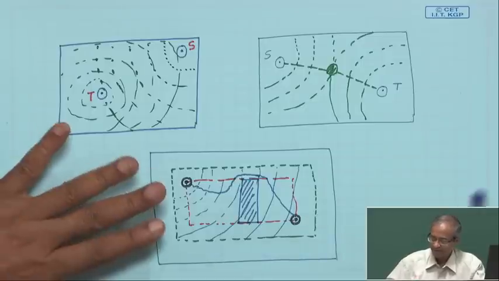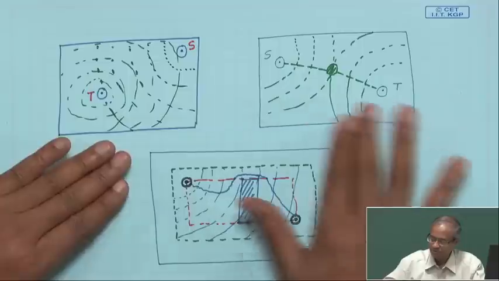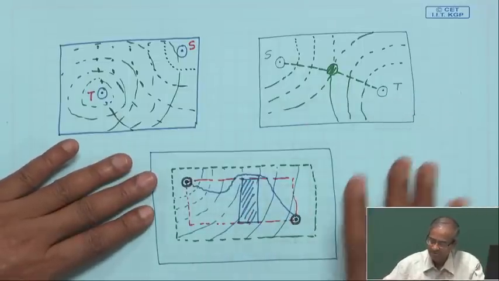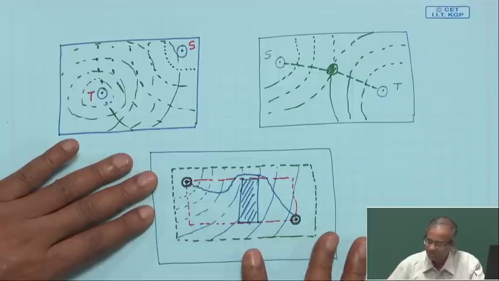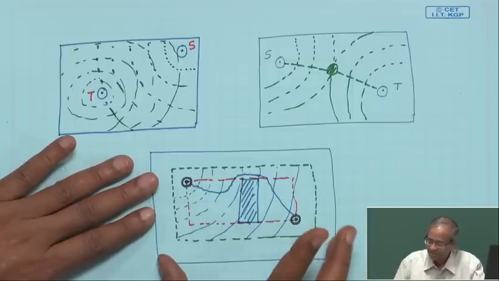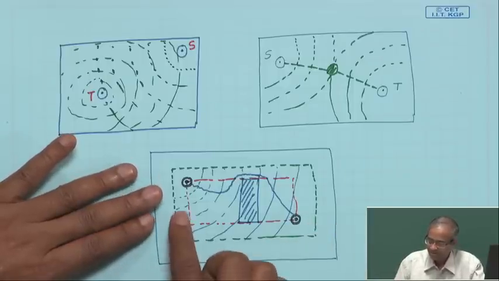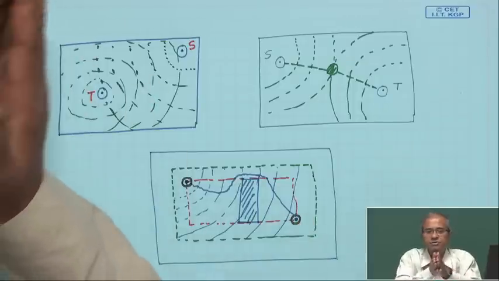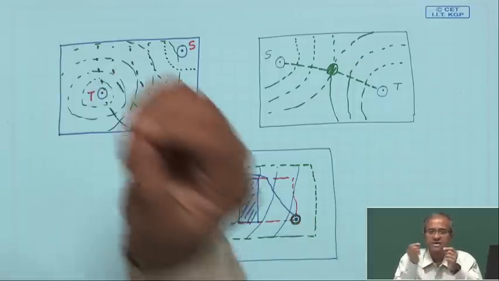Okay. Now, these three approaches are some kind of heuristics or intuitive approaches which try to restrict the number of cells that you are labeling. Now, in addition, of course, you can also have another scheme.